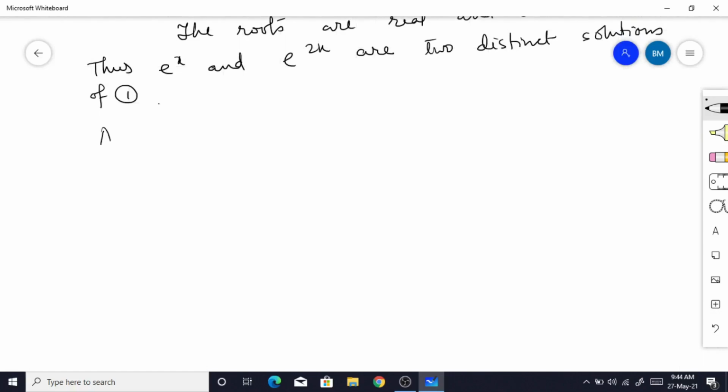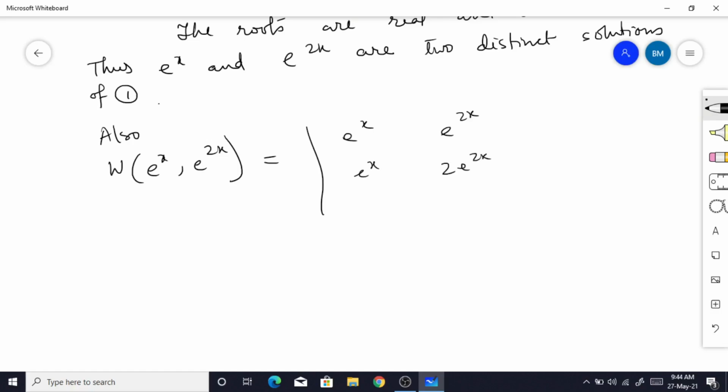Let us find the Wronskian of e to the power x and e to the power twice x. It is e to the power x, e to the power twice x, and write their derivatives. After multiplication, you will get e to the power 3x minus e to the power 3x, which is e to the power 3x only, and it is non-zero for all x.